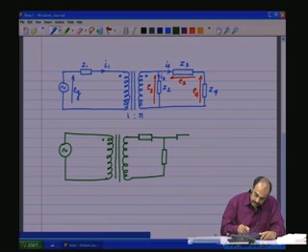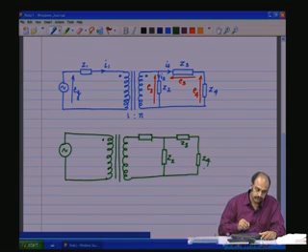The secondary side impedances remain the same along with the parameters. So, you have Z2, Z3, Z4. Now, Z1 is shifted here, so that becomes n square Z1.